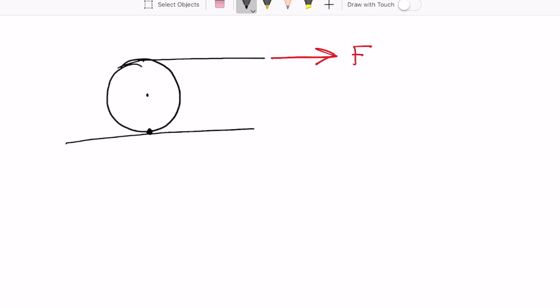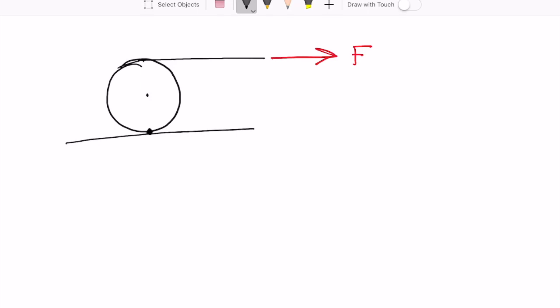Is it to the left? I'm not sure. That is what I meant when I was discussing the last slide, that it's not obvious what the direction of friction would be when an object is rolling without slipping. I don't have an immediately intuitive way of seeing what the direction of the friction is.